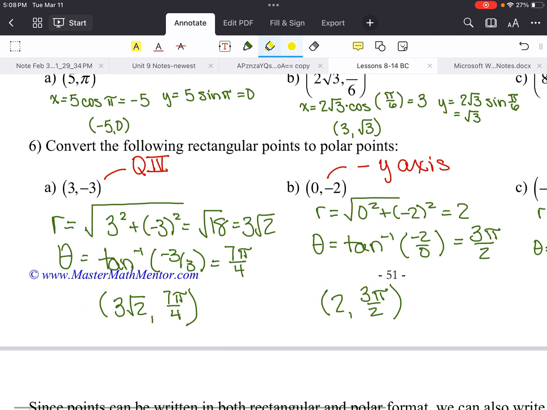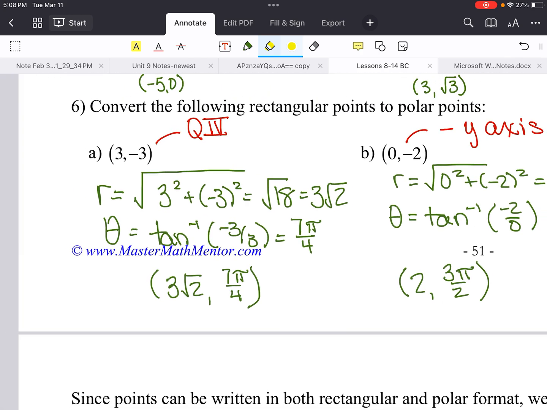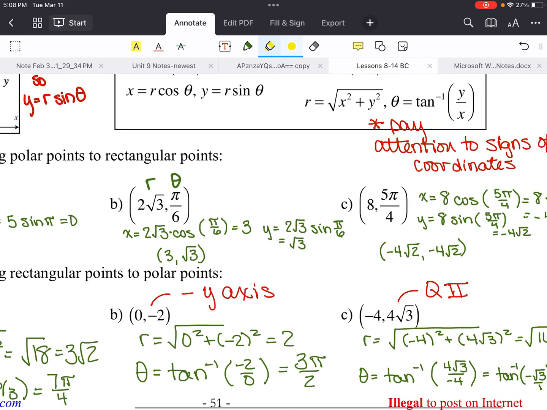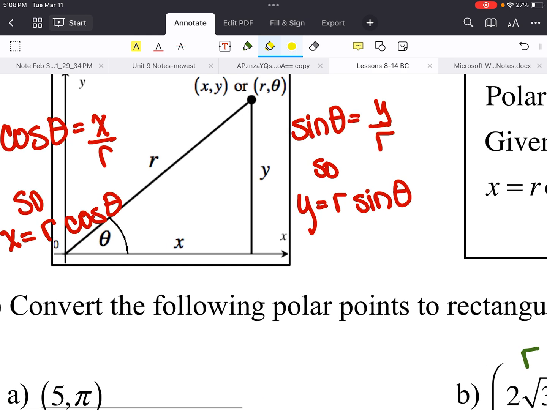And then what if we need to go backwards? Like what if I give you rectangular and I want you to turn them into polar? So r, here it is. So back to what we know about x's, y's, and r's. What do I know about x and y that has some relationship to r?